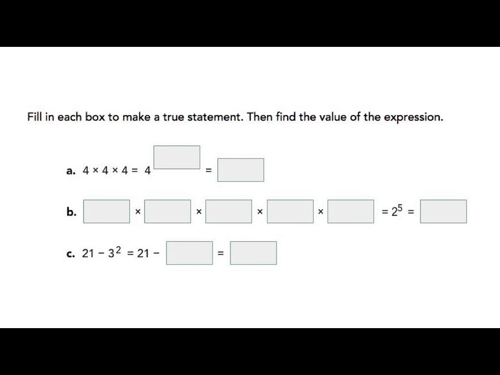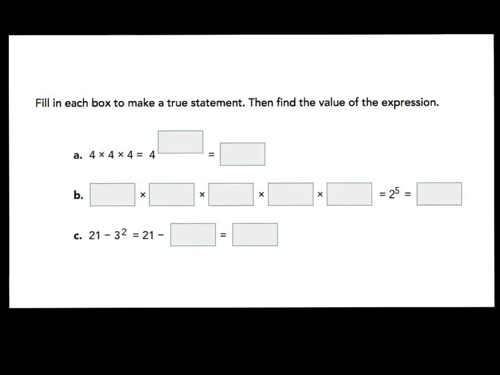Now, how do we figure these out? Fill in each box to make a true statement, then find the value. So this is where computation comes in. Here's 4 times 4 times 4. Well, that's 4 to the... now, in here goes the exponent. I want you to, right now in your notes, go ahead and fill that in.